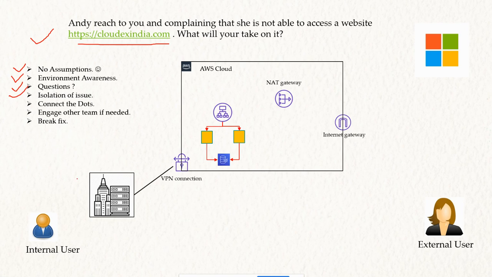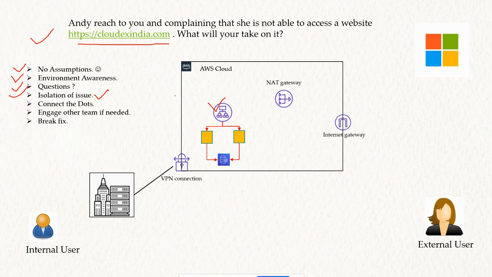Now what you do is go and verify your application first, whether your load balancer is running fine or not. Is the load balancer internal or internet-facing? You verified and isolated the issue again. This is an internet-facing load balancer, so it is an external website.